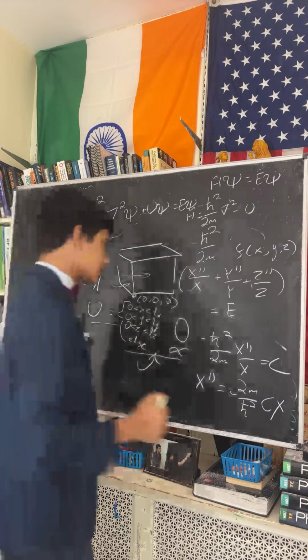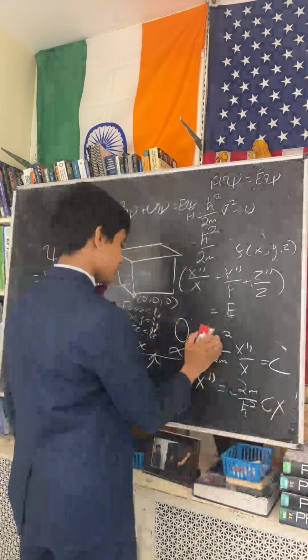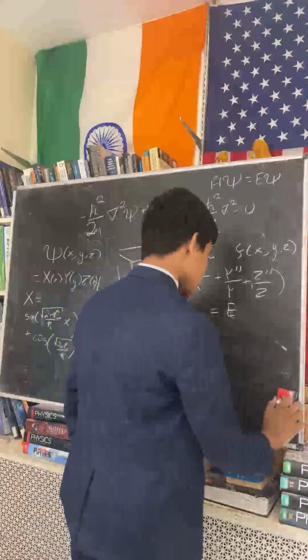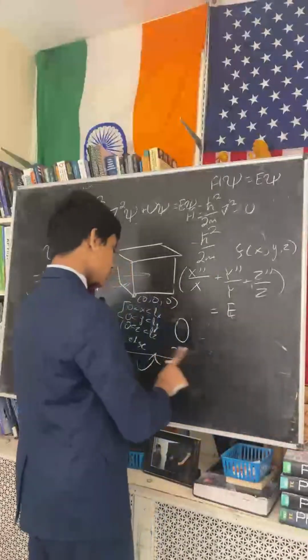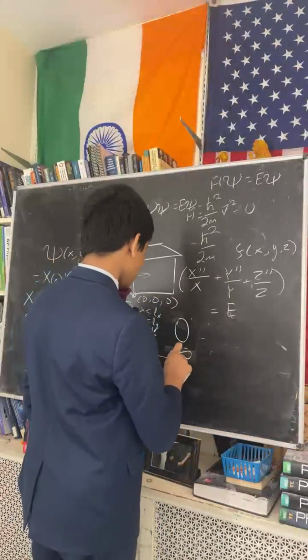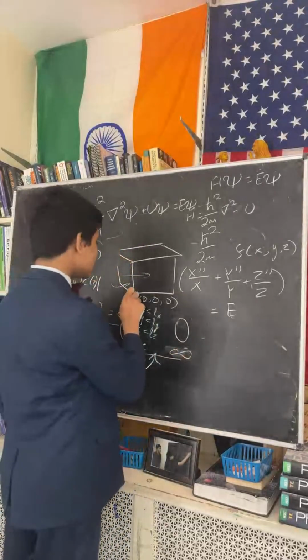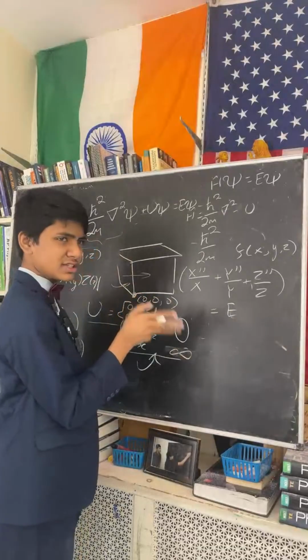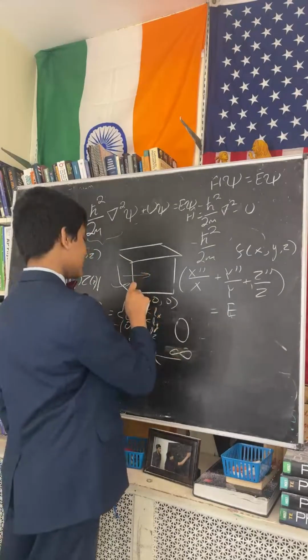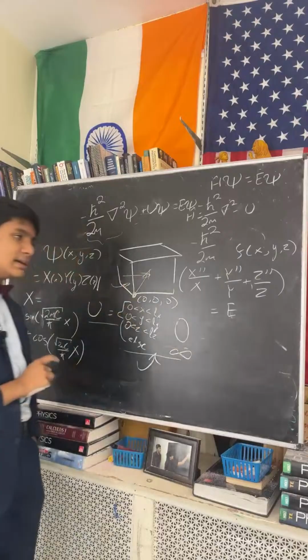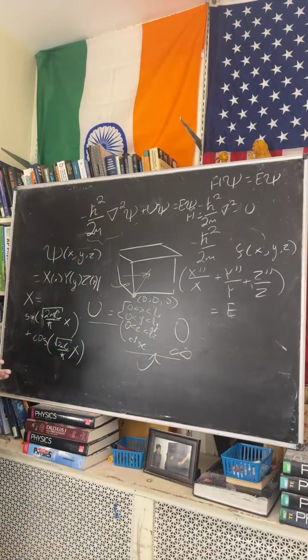So here's the principle of the thing. When you look at the boundary conditions here, you realize that the particle can never be at 0, 0, 0. At that point, it's going to be pushed away by an infinite force before it ever reaches 0, 0, 0.